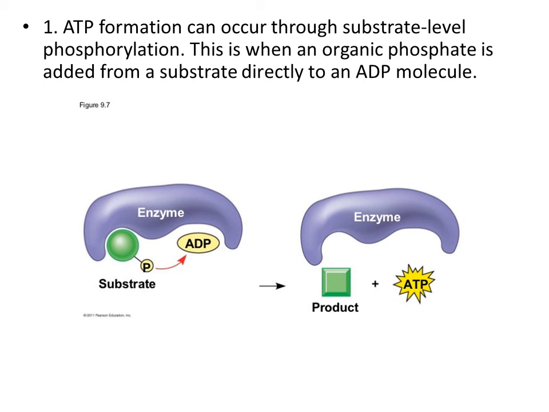So if you already have ADP present, a substrate can contain a phosphate group. It can give the phosphate group to ADP, therefore creating energy. So that is called substrate-level phosphorylation.